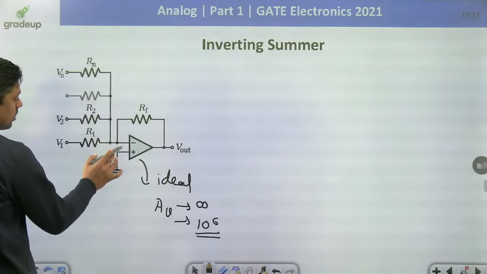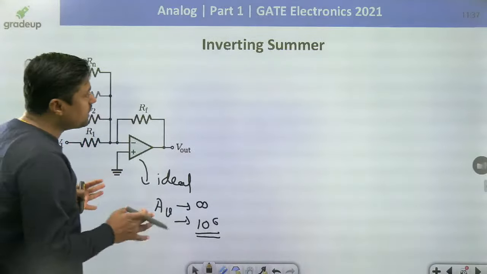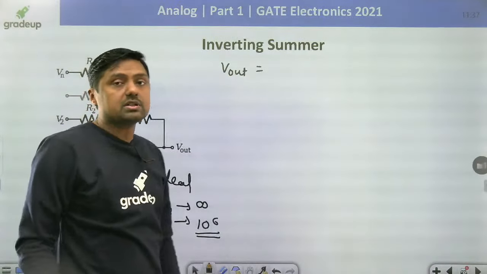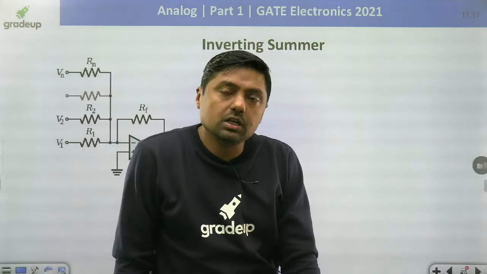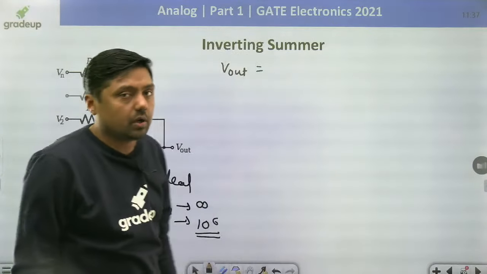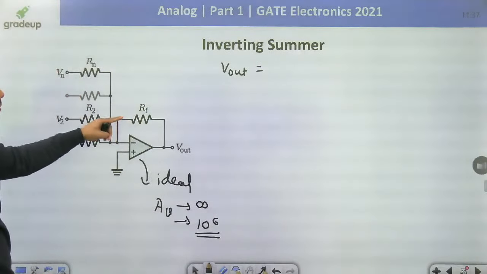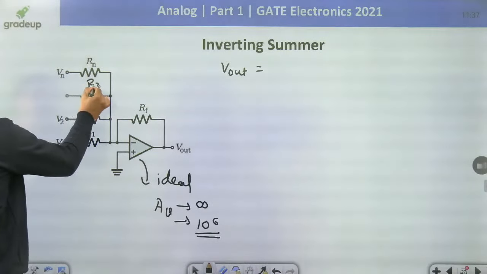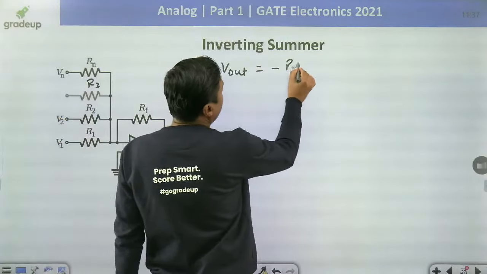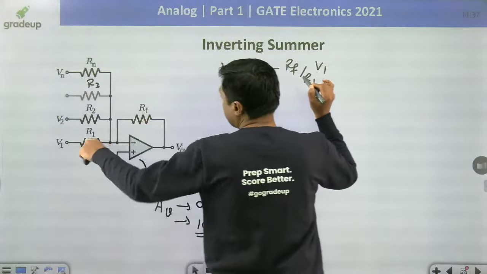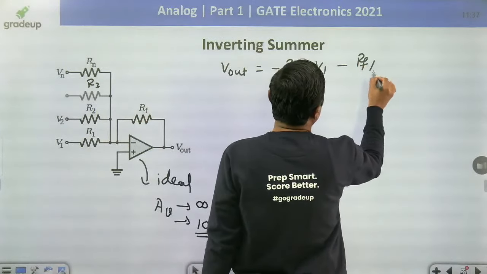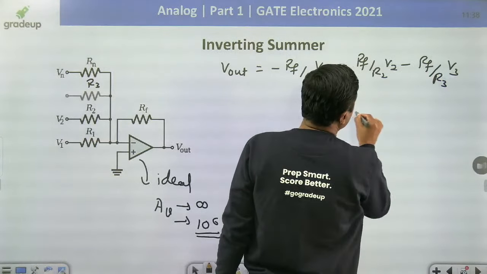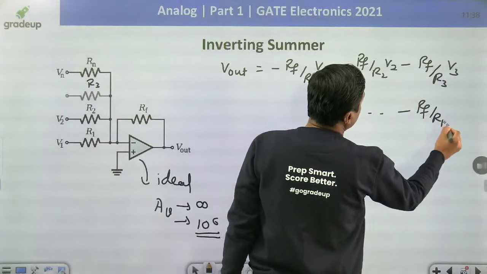Because it is a linear integrated circuit, we can apply the superposition theorem and directly write the V out. According to superposition, with resistors R1, R2, R3, up to Rn, the output is minus Rf by R1 into V1, minus Rf by R2 into V2, minus Rf by R3 into V3, and so on, minus Rf by Rn into Vn.